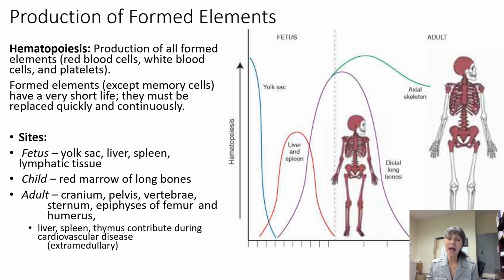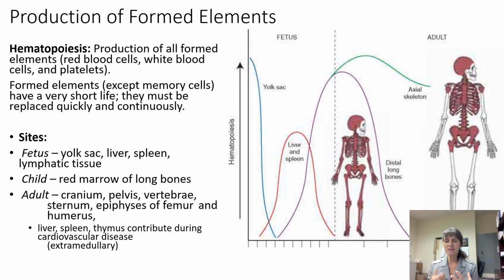We still do have the epiphyses of the femur and the humerus that contribute to hematopoiesis, as well as the bodies of the vertebrae and the flat portions of the cranium, the pelvis, and the sternum that contribute to hematopoiesis.